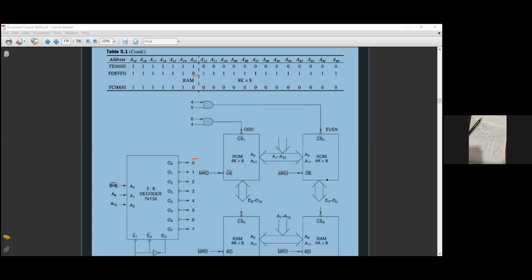So it's a chip select. Rest all will be the same, no issue. Only A13 will be 0. So A13 is 0, means A13, A0 and BHE bar can be 0, 0, 0, 0, 0, 1, 0, 1, 0, or 0, 1, 1.